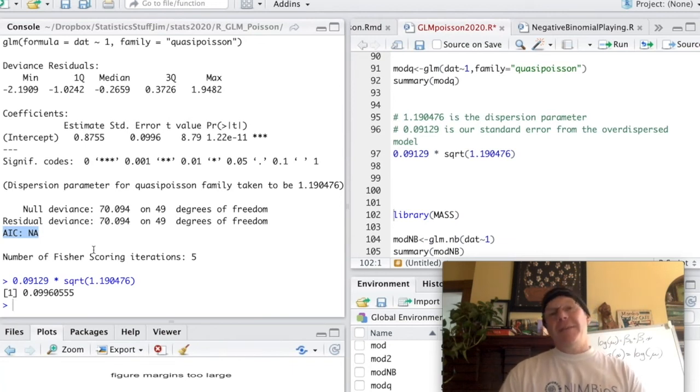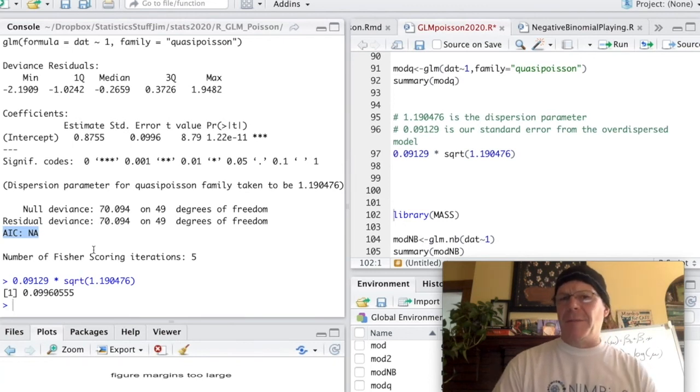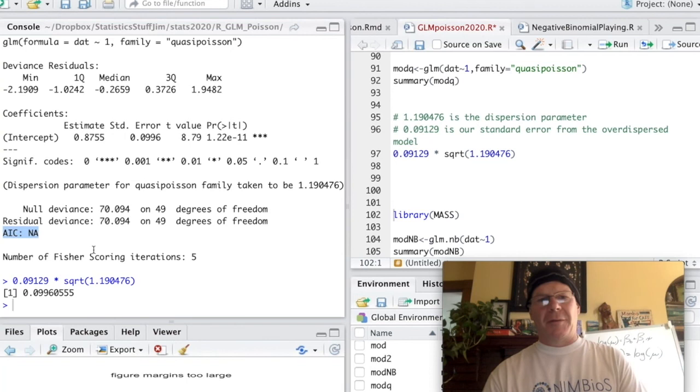Now, if you dig deep enough and you're that interested, there are packages that estimate a quasi-likelihood so that you could calculate a quasi-AIC, if you're so keen on doing such a thing. There could be a whole class just on generalized linear models, but this is a very common problem that people run into, so it was worth being familiar with it.